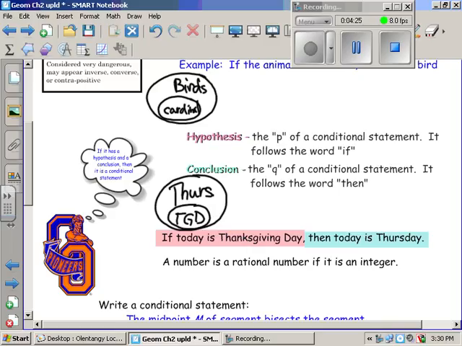Okay, and it makes sense. All Thanksgiving days are Thursdays, right? You couldn't do it the other way. You couldn't say all Thursdays are Thanksgiving Day, because then tomorrow would be Thanksgiving Day, and it's not. So that wouldn't work. Okay.